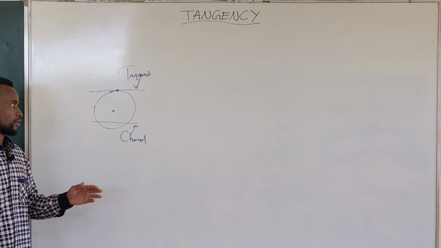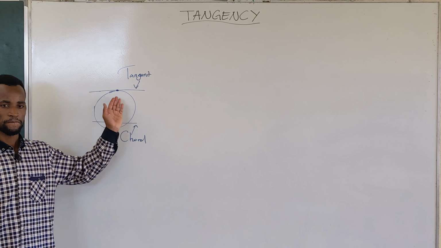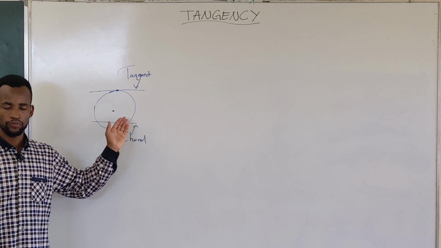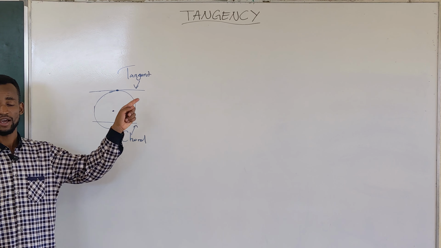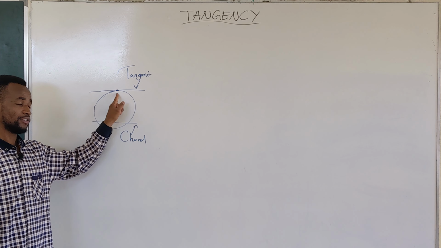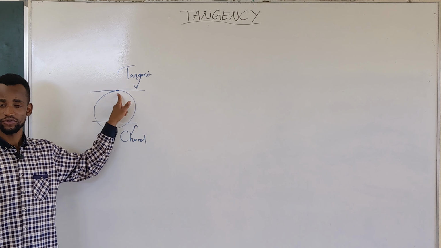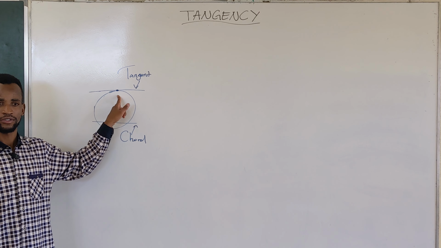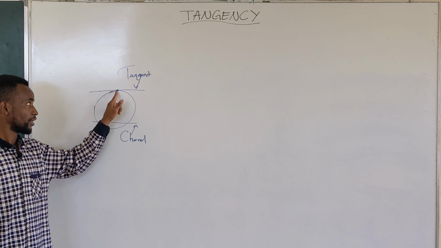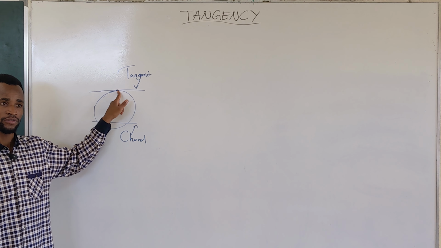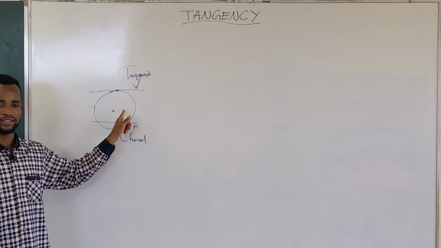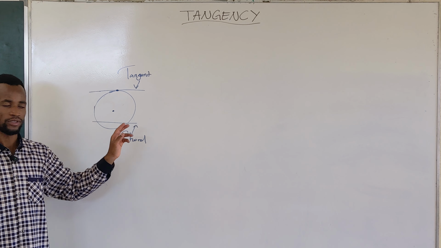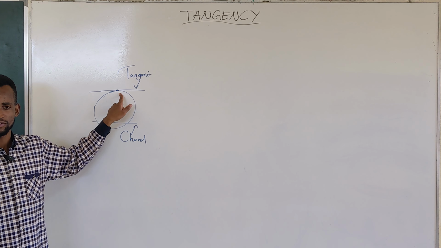So these are two properties of a circle, right? We have a chord and a tangent there. A tangent will touch the circumference of the circle at only one point. So if you draw a line from here, it will pass through that point, and even after you extend it, it will not cut the circle at any other point, apart from touching the circumference of the circle.